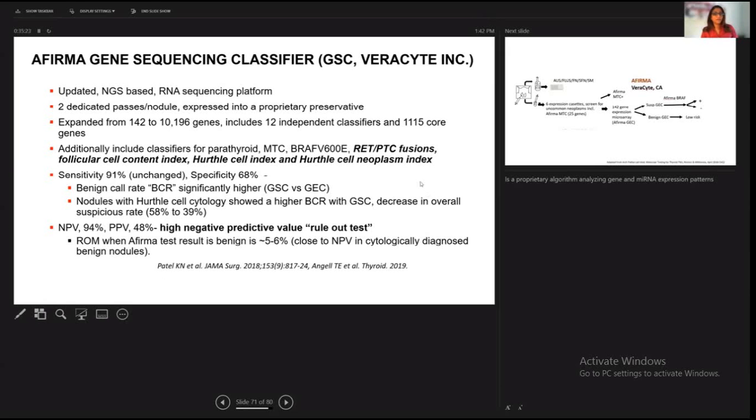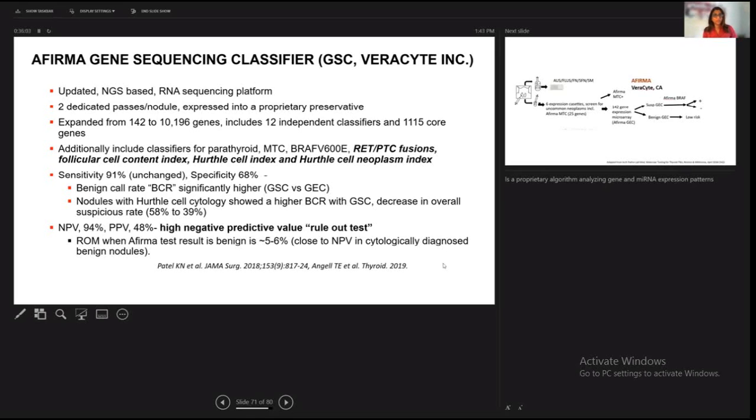So let's go to the first molecular test on this panel, which is the Afirma gene sequencing classifier from Veracyte. It is one of the updated next generation sequencing based RNA sequencing platforms, and it uses two dedicated passes that have to be expressed into a proprietary preservative that only Veracyte has a patent for. The more recent gene sequencing classifier from Afirma has expanded from 142 to now 10,196 genes and includes 12 independent classifiers and about 1,000 odd core genes.